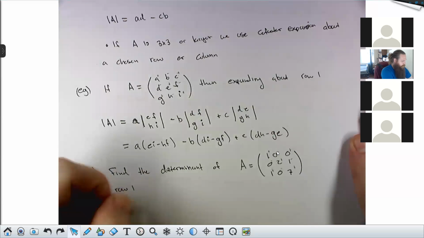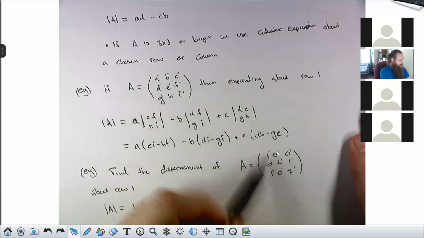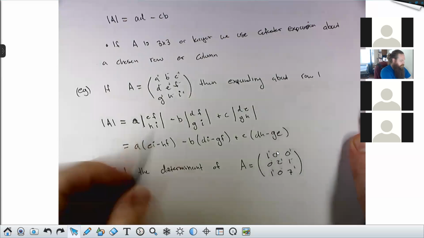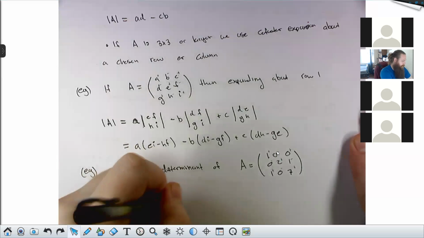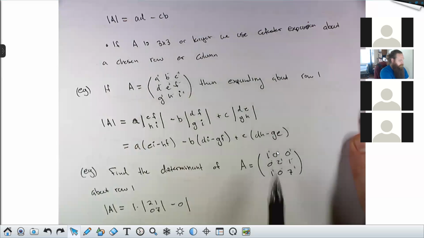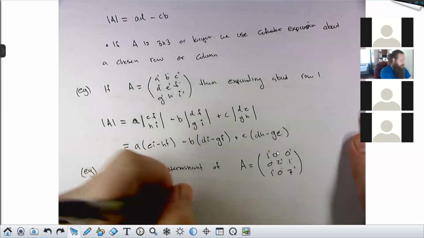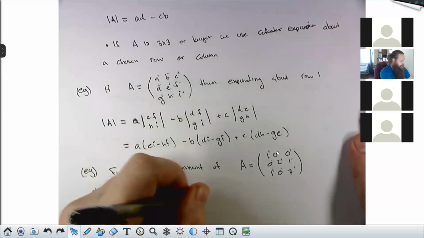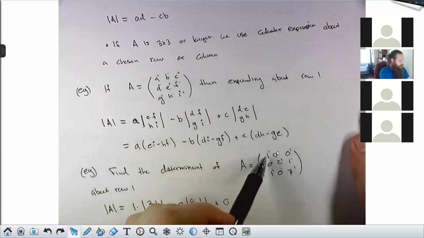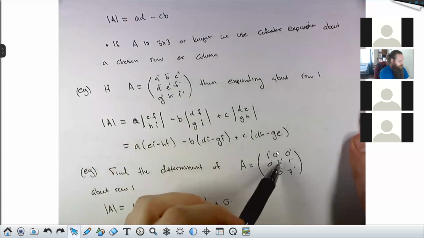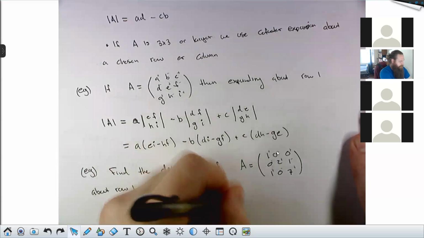This should be 1 times the little determinant I get by covering up row 1, column 1, which is 2107, minus 0 times the little determinant I get by covering up row 1, column 2, which is 0117, plus 0 times the little determinant I get by covering up row 1, column 3, which is 0210.